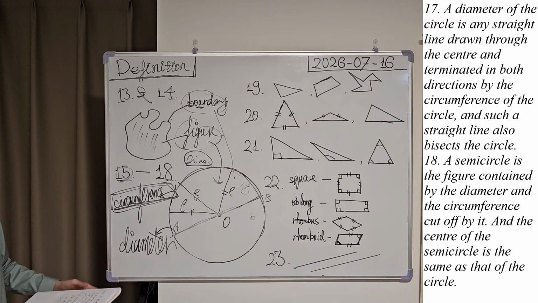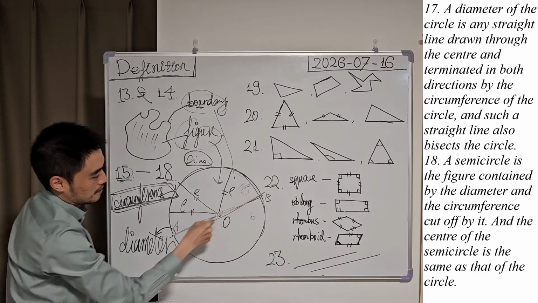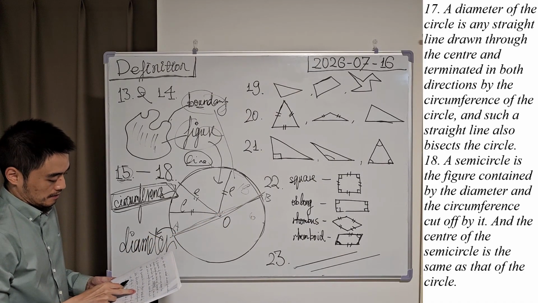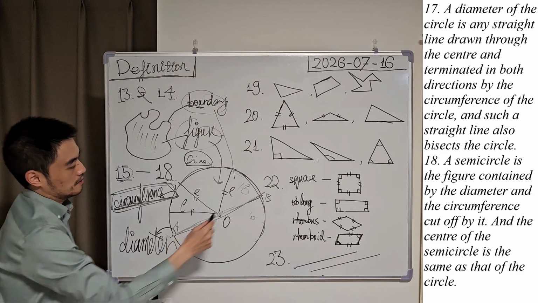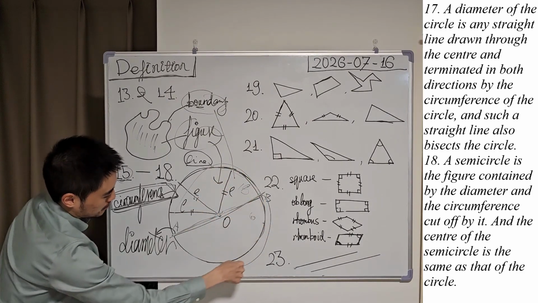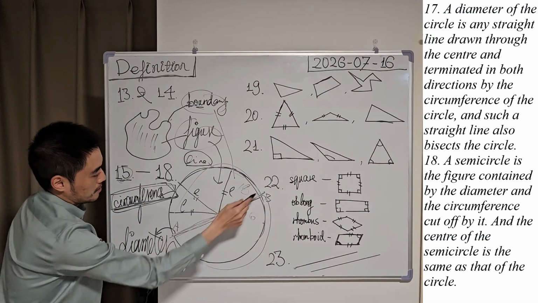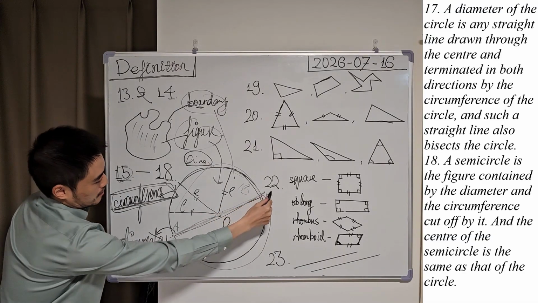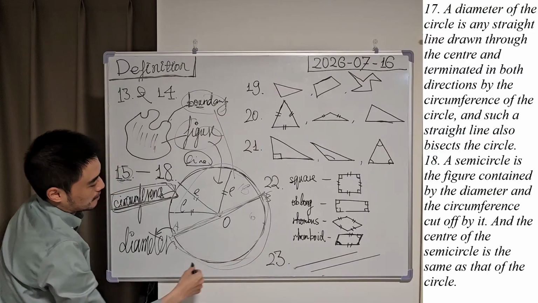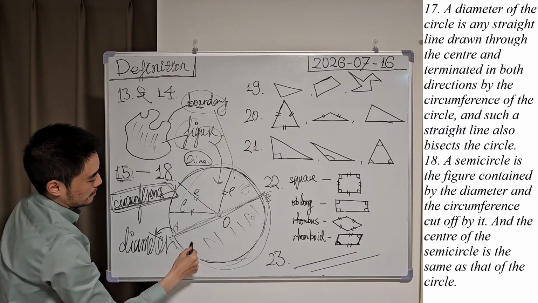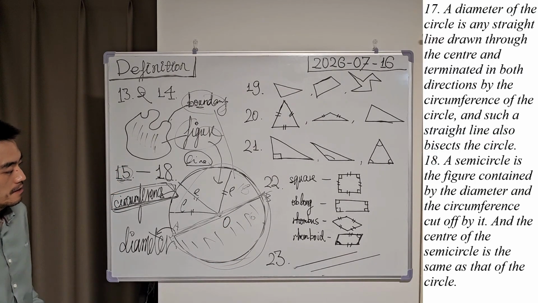Now let's move to definition 18. It defines that a semicircle is a figure contained by the diameter, see this is the diameter, and the circumference cut off by it. So this and these are the circumference cut by this diameter. These two components contain the figure here, a so-called semicircle.